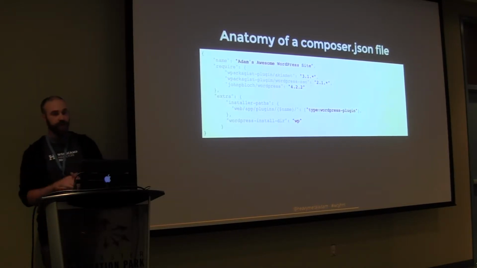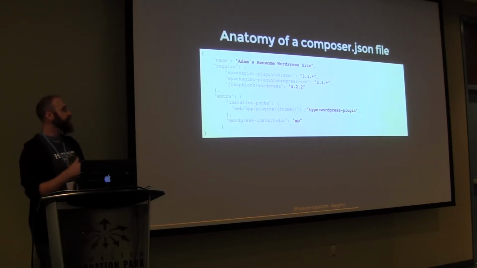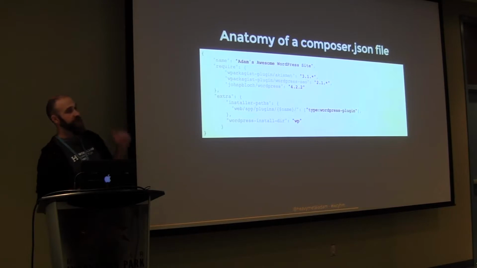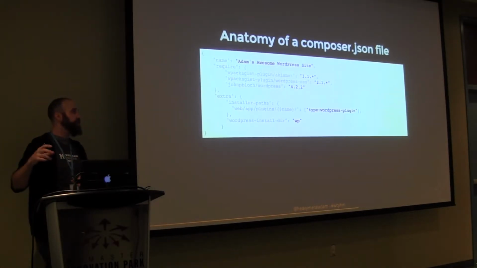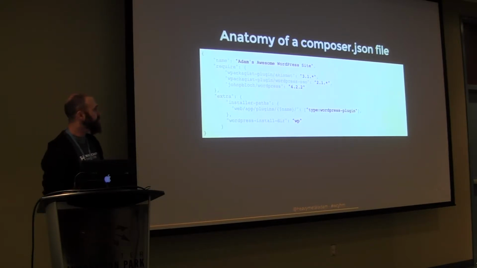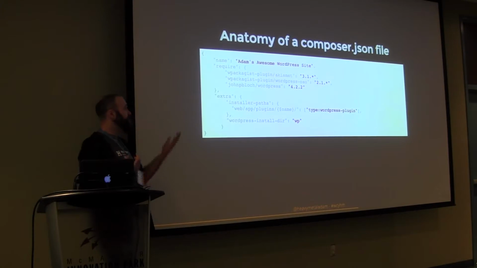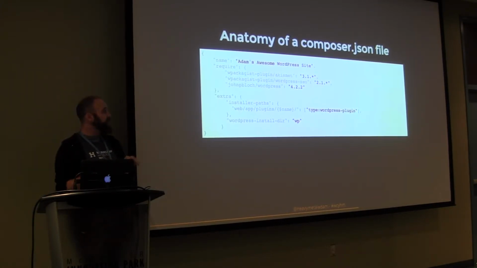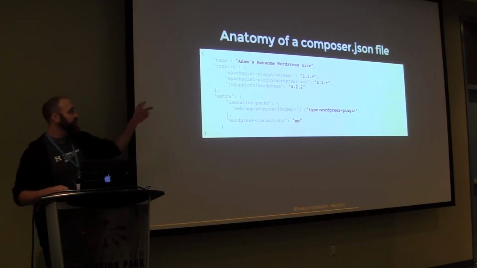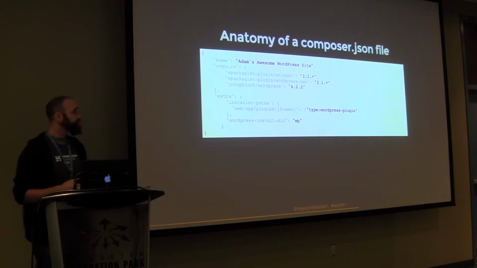Composer has a registry called Packagist, and there's a layer on top of Packagist called wpackagist that actually clones the entire WordPress repository and makes it available through Composer. So anytime there's a plugin that you want, you can list it in your composer.json file, and whenever you run composer install, it's going to automatically install all these plugins and those specific versions that you want.